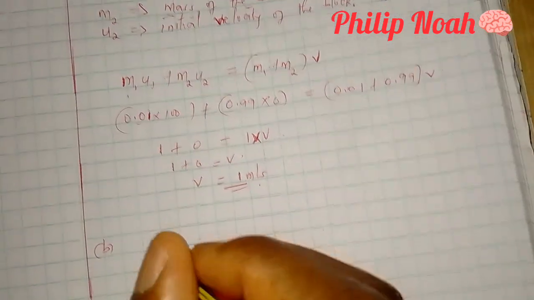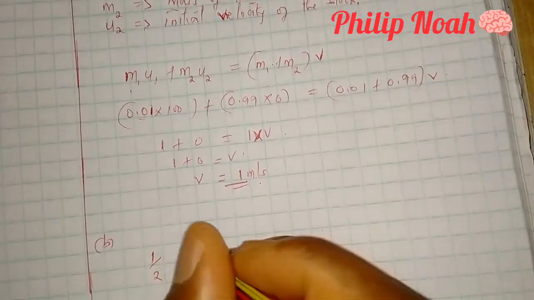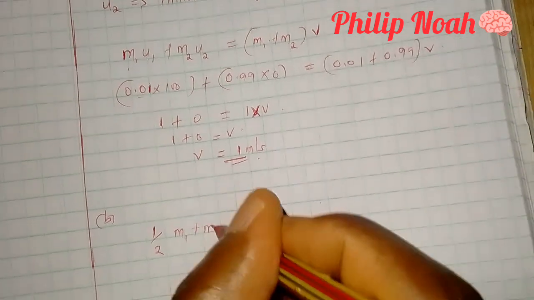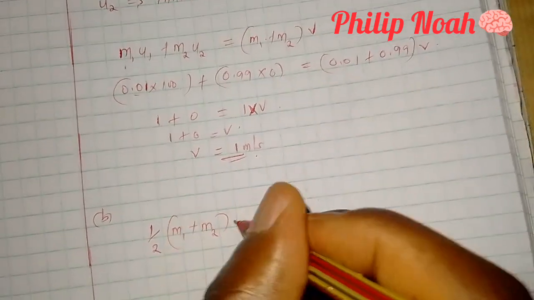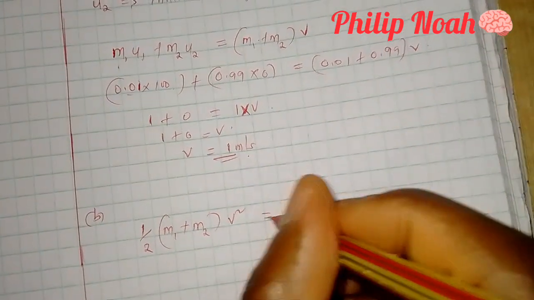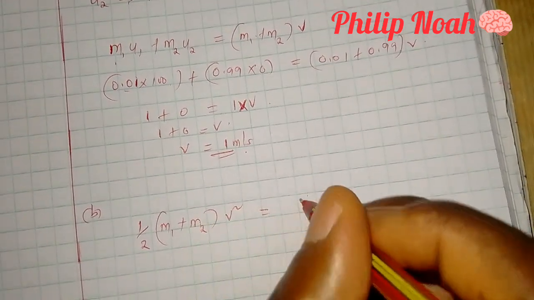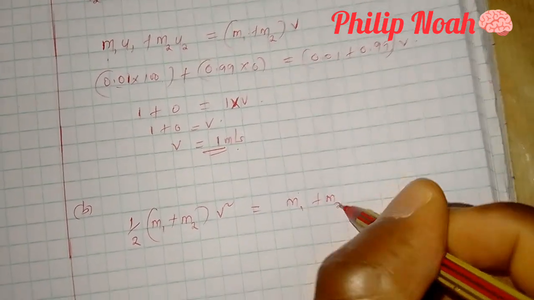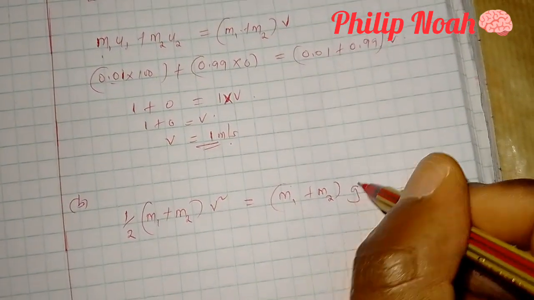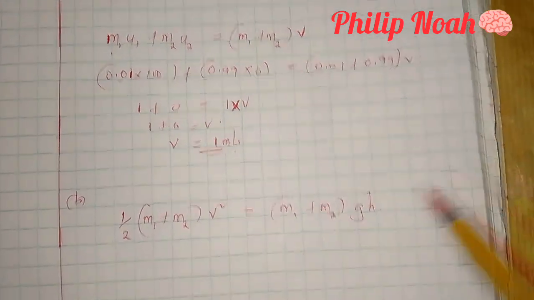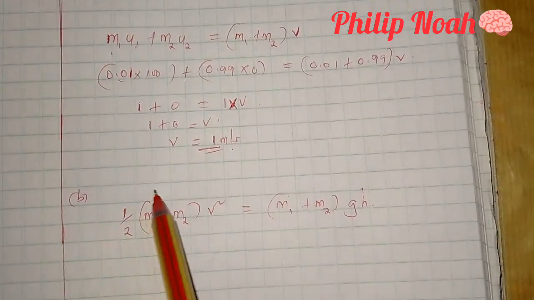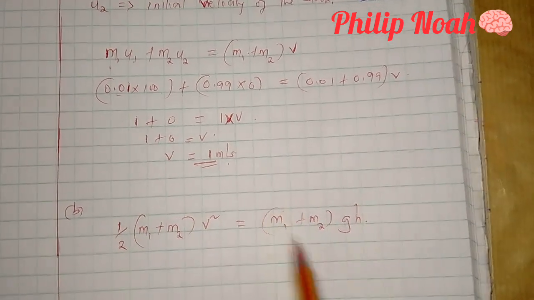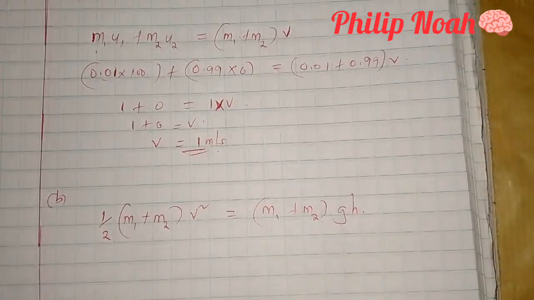Therefore, we have a half times (m1 plus m2) times v squared equals (m1 plus m2) times g times h. Remember, this side gives us the kinetic energy, and this one the potential energy.